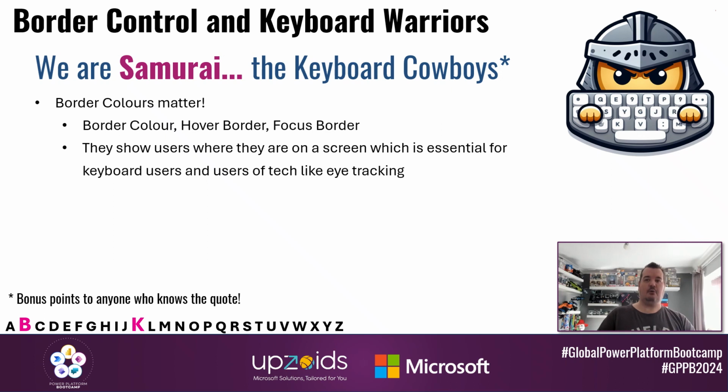If we go into Power Apps, you've got the main border colour on an object that indicates a surround. You've got the hover border colour, so what happens when my mouse is hovering over and it indicates that my mouse is on there. And you've got this property called focus border colour that's a little bit hidden away because it's only in the drop down, it's not in the main panel.